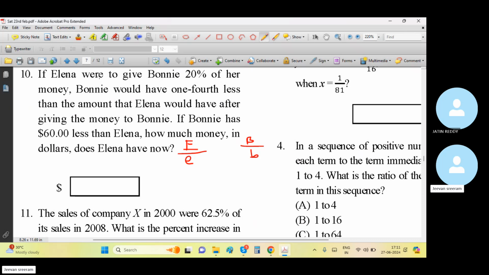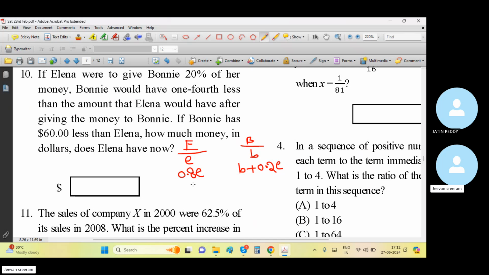Once 20% is gone, there will be 0.8 times E. Bunny has b plus 20% of Elena's money.